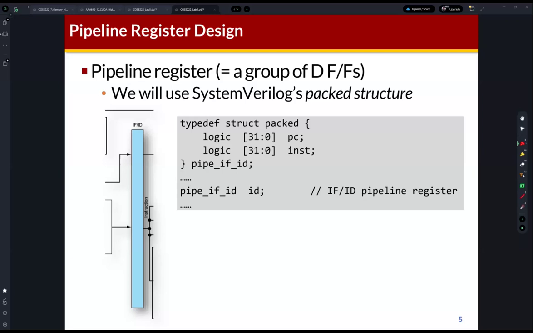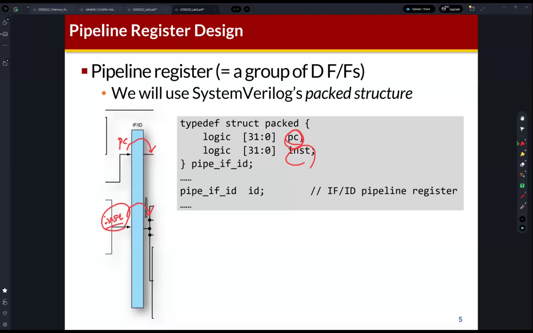So you can find that this instruction fetch and ID pipeline register type includes two variables, the program counter and the instruction. In a five-stage pipeline architecture design, the PC needs to be propagated to the next stage. Also, the processor needs to propagate the instruction into the next stage, right?